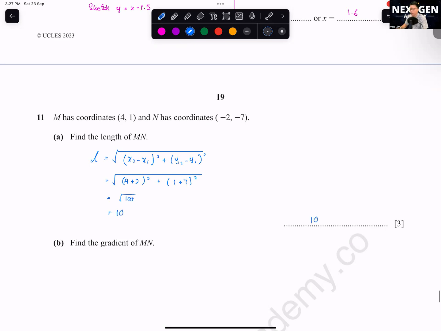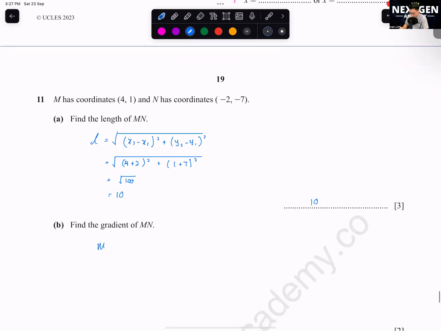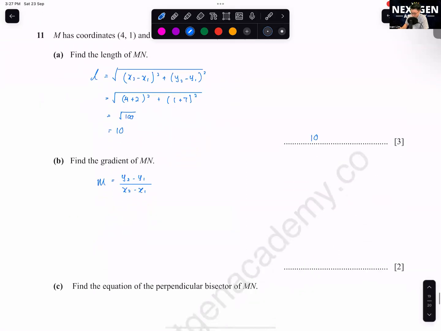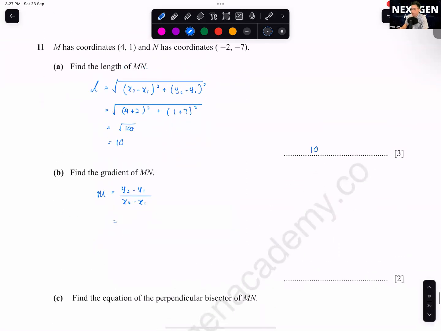Okay, gradient of MN. What's the gradient formula? y2 minus y1 over x2 minus x1. Okay, which you will get 1 minus -7 over 4 minus -2.